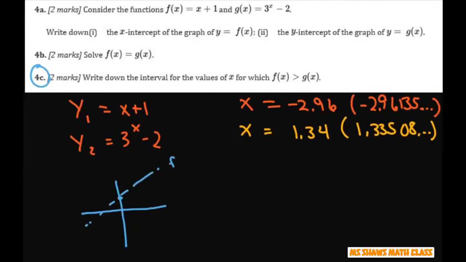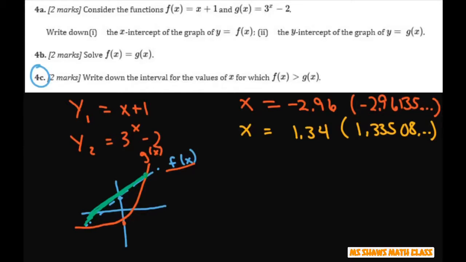This is f of x, and I'm just sketching it. And 3 to the x minus 2, so we're at -2. So 3, 1. So if we're like this on this graph, where is this graph bigger than this graph? So you're going to use this interval. From this interval, f of x is greater.